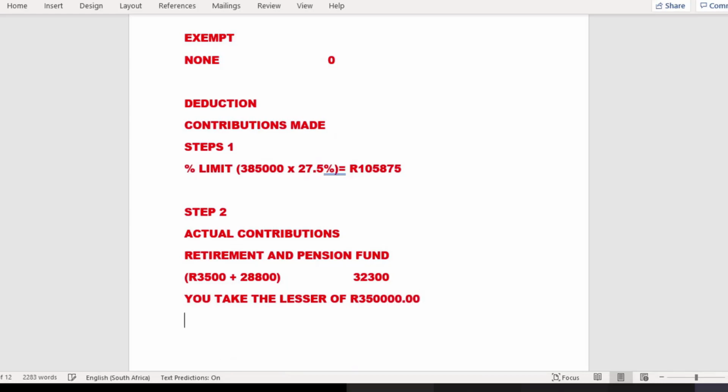So you'd say the lesser of 350,000 rand or 105,875. And then you're going to look at the lesser between the two figures, which is 105,875, and you will include it because it's actually the lesser one.